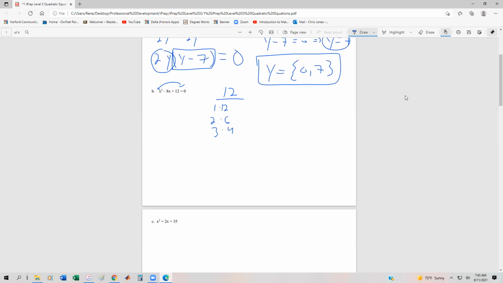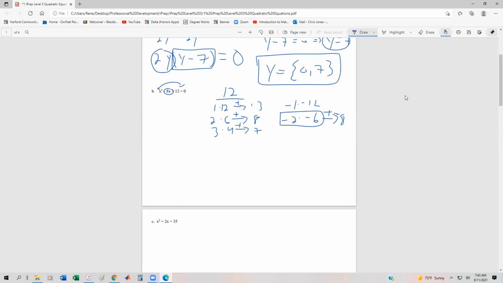It looks like if we add these together, the magic numbers are going to be 2 and 6 almost, except that it's going to be a positive 8 and we need a negative 8. So remember the trick that if everything's positive, you could still multiply 2 negatives together. The magic numbers are going to be -2 and -6 because they add up to -8.